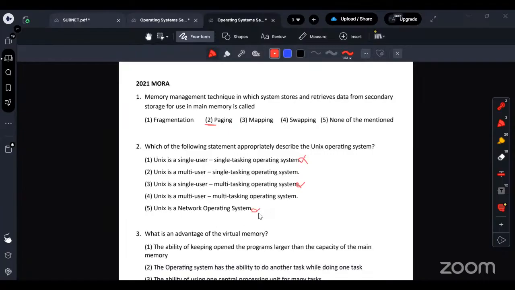It is not a network operating system. Then what is the answer? It is a multi-user, yes. But is it a multitasking operating system or a single tasking operating system? Yes, correct. It is a multitasking operating system. So remember about this word, multi. Okay, good.